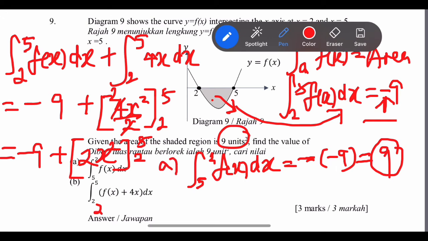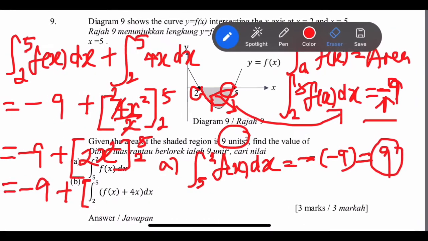And finally, your answer after you simplify is, okay, now I need to explain to you why it is negative 9, because it's integrate from 2 to 5 fx. So you have to use the integration value. You cannot use the area.